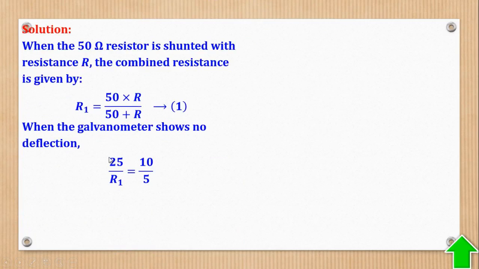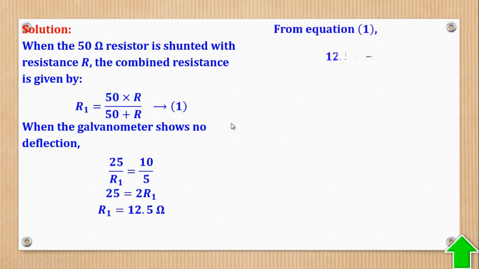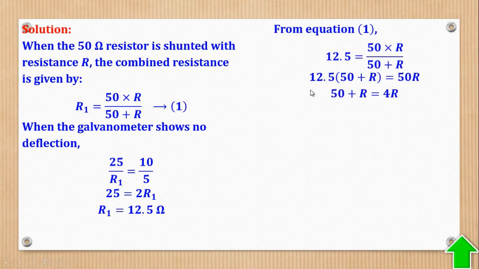So that is where this is coming from. Here it is only one unknown, so we can rearrange and make it the subject. So that is R1, but they want the value of R, so we shall go back to equation 1 and substitute for R1, cross multiply, divide through by 12.5, then collect like terms and get the value of R, and that's what they wanted.